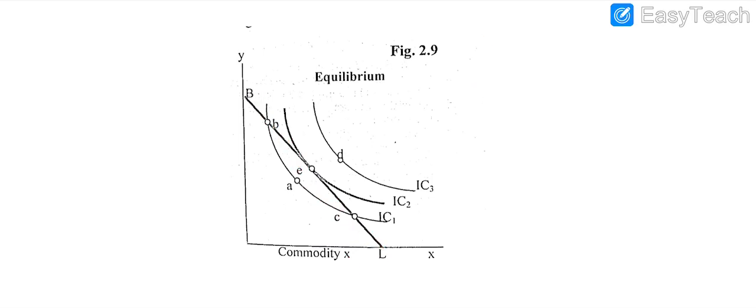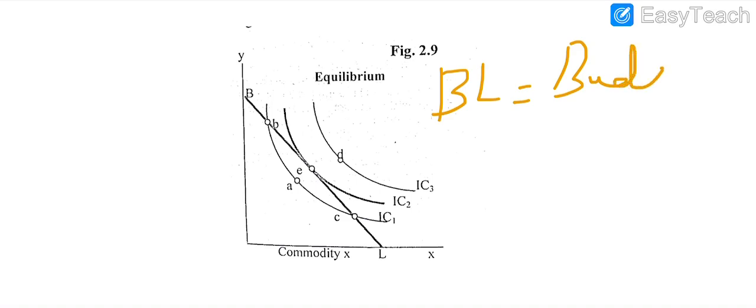BL is your budget line. While for indifference curves, here are three indifference curves you have read in the indifference map: IC1, IC2, IC3. These three indifference curves provide different levels of satisfaction.